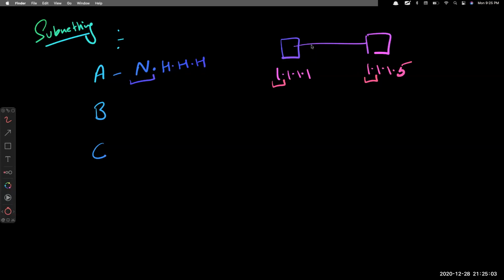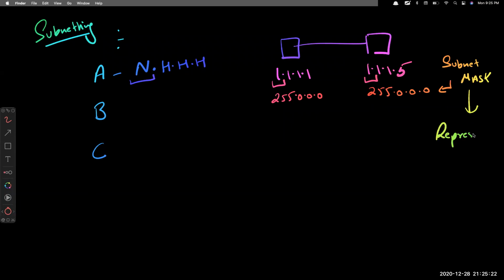And how does the computer check the first part? Because of something known as the subnet mask. Whenever you give an IP, one extra piece of information is added automatically, known as the subnet mask. So what is this subnet mask? It actually represents network bits.